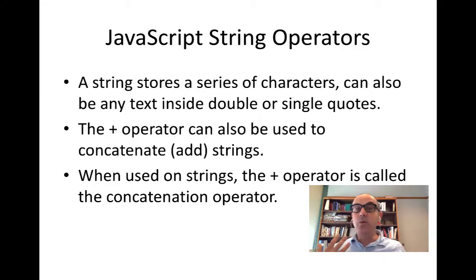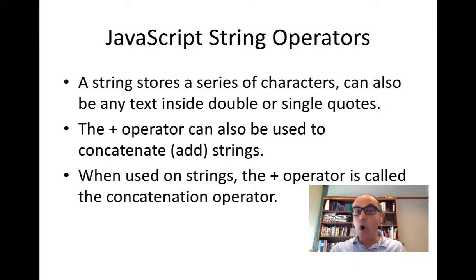One of the things that we need to start talking again and again is the string operator. We will talk about that in the PHP quite a lot. It has a lot of similarity when we are talking about the PHP programming. But in JavaScript, the string stores a series of characters, but it can also be any text inside double or single quotes.